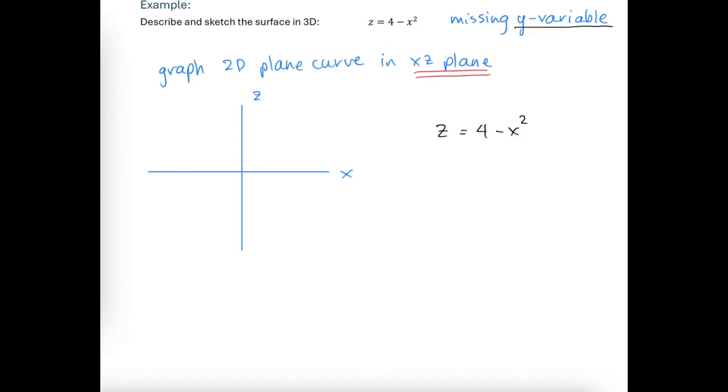So first of all, in the xz plane, we can kind of rewrite this as being negative x squared plus 4 so that it looks more familiar. This is actually going to be a parabola that has been shifted up 4 units and is been vertically flipped.